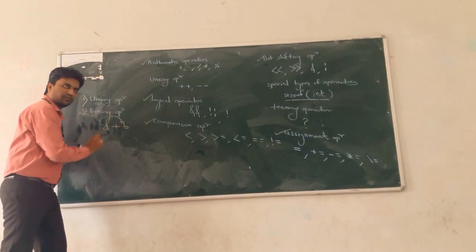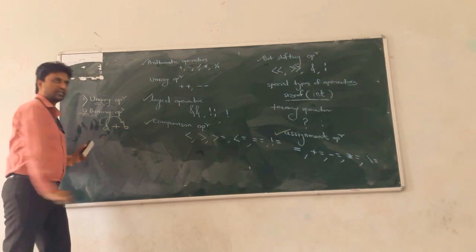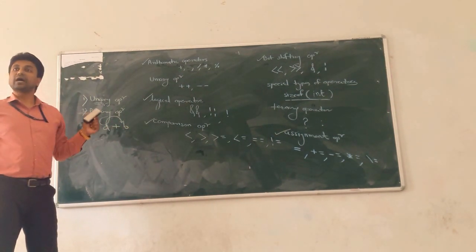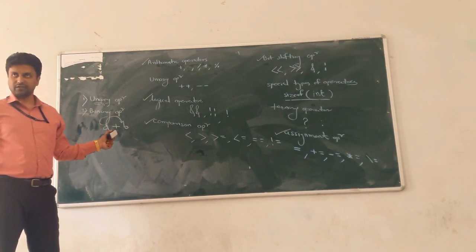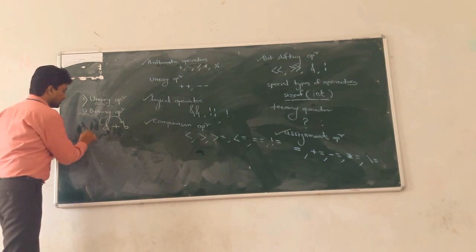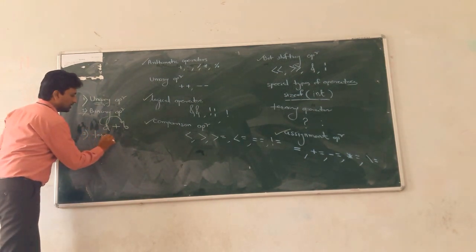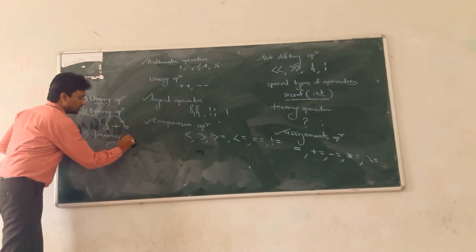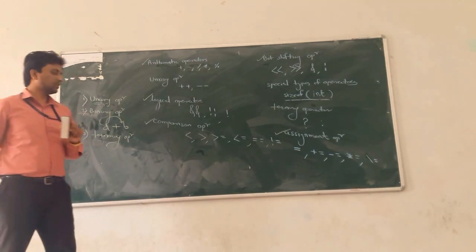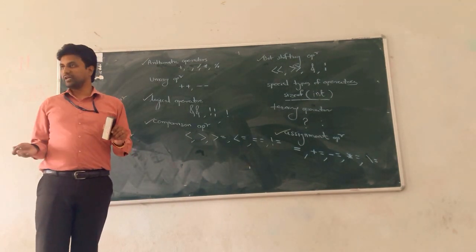For example, addition, a plus b, where the plus operator performs operation on two operands, so it is called a binary operator. And the last one is the ternary or tertiary operator, which performs operation on three operands.